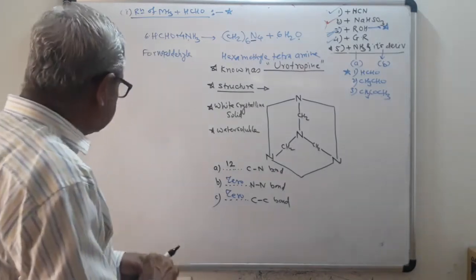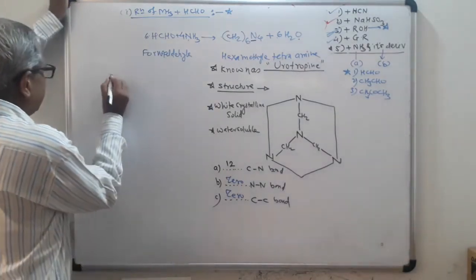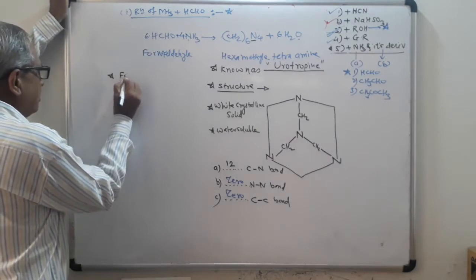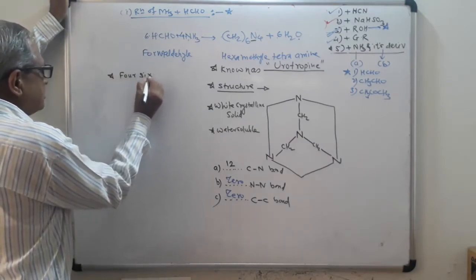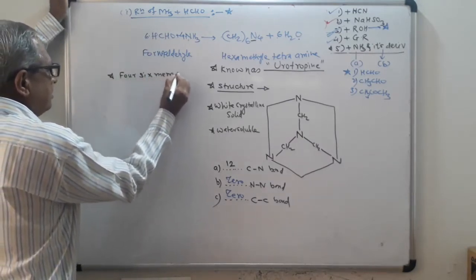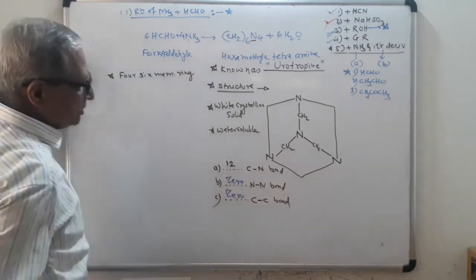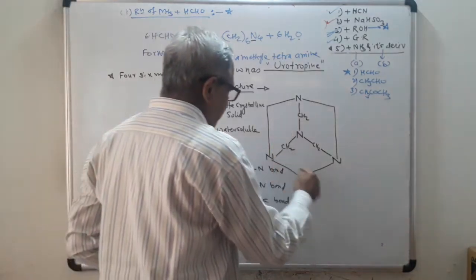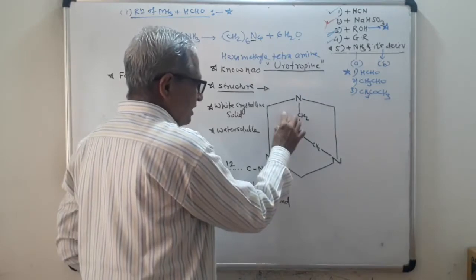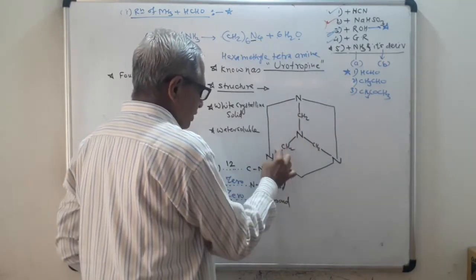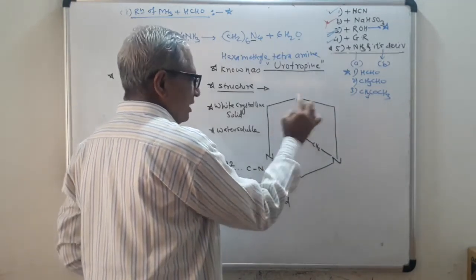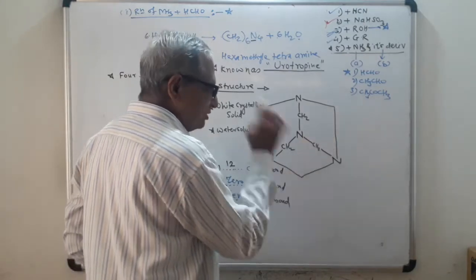Now next question here. Urotropine contains 4 6-membered rings. See here, initially I drew the first. This is second, 1, 2, 3, 4, 5, 6. Similarly, this is third and this is fourth.